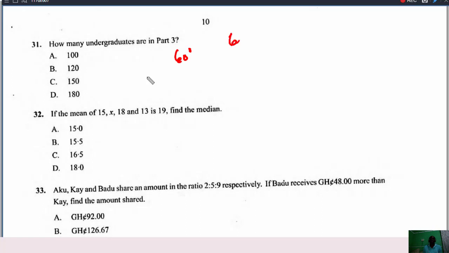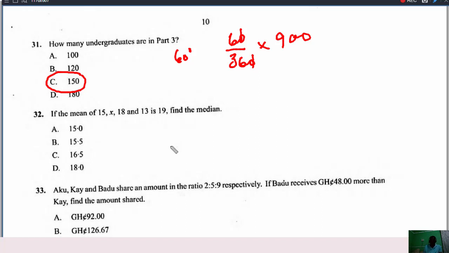So if you take 60 over the whole circle, which is 360, times 900, so it will be 6 times 900 divided by 36, which will give us 150. So there will be 150 undergrads who will be in part 3.